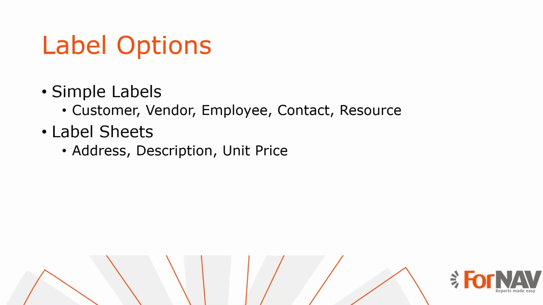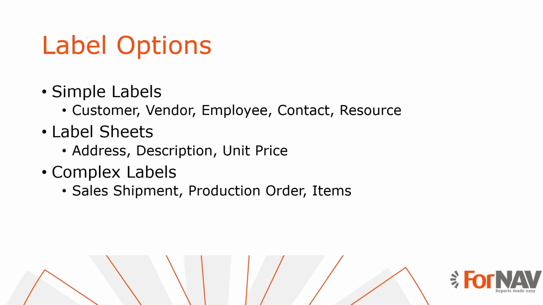We also have label sheets, and we try to make the label sheets as generic as possible. I'll tell a little bit more about that in the demo. But we try to pick up data from any extension that you have installed, as long as they support a certain data format in Business Central. And the last one is the complex label.